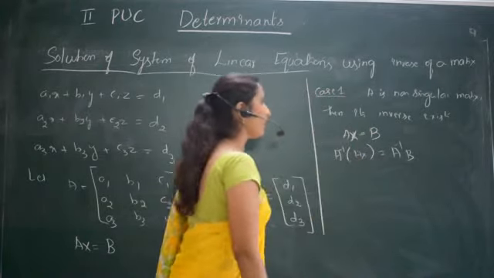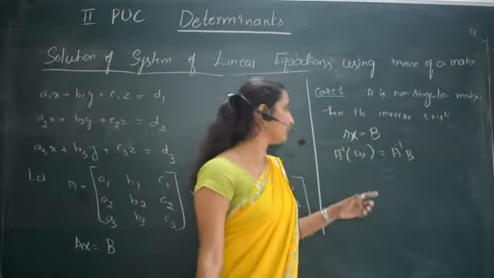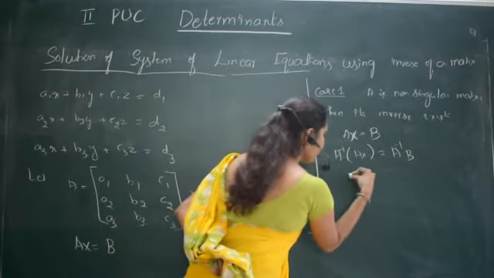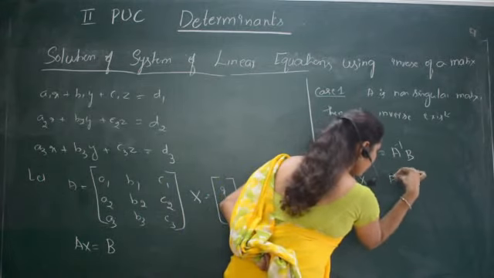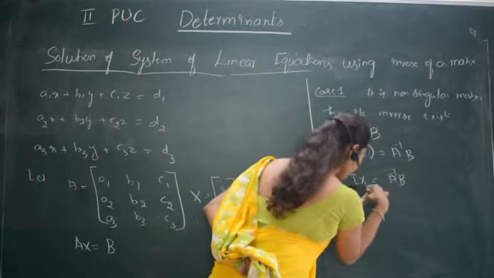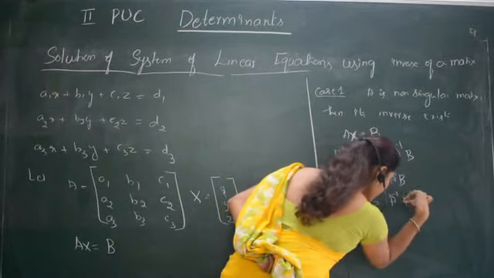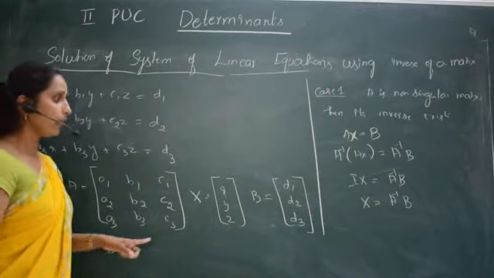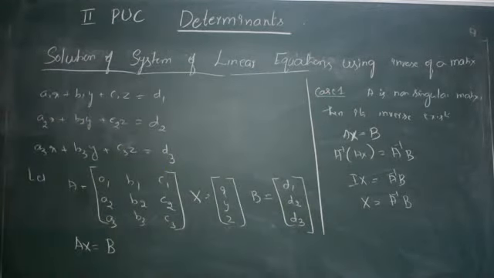We know that matrix multiplication is associative, so I can write it as A inverse A is I, so I into X is equal to A inverse B, so X is equal to A inverse into B.